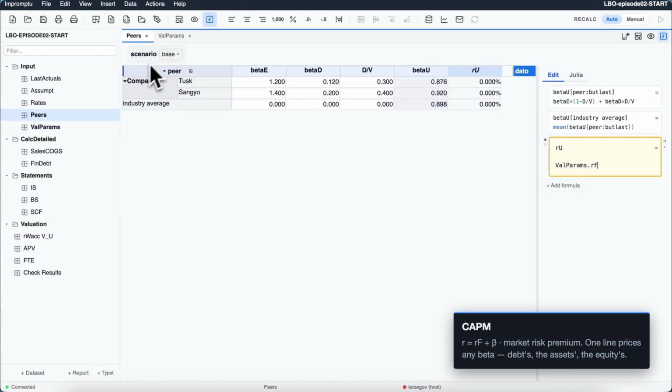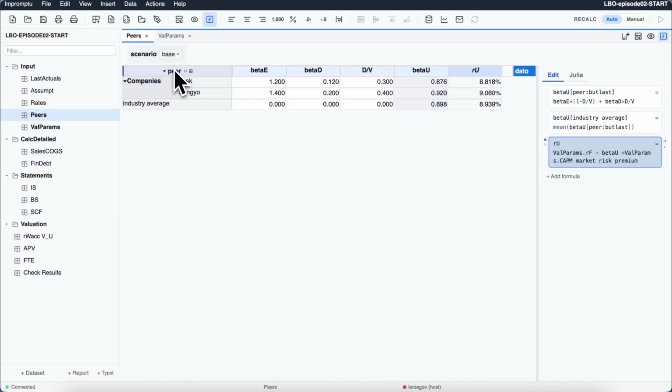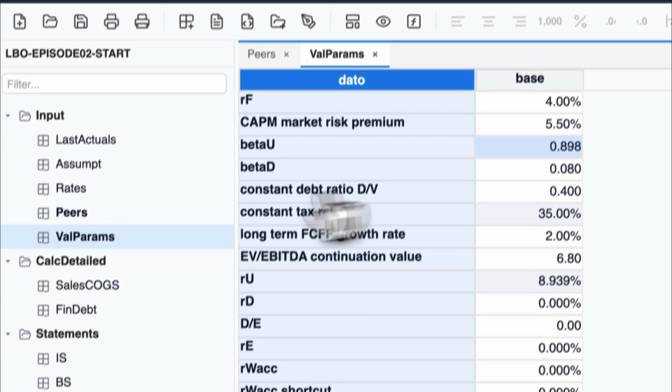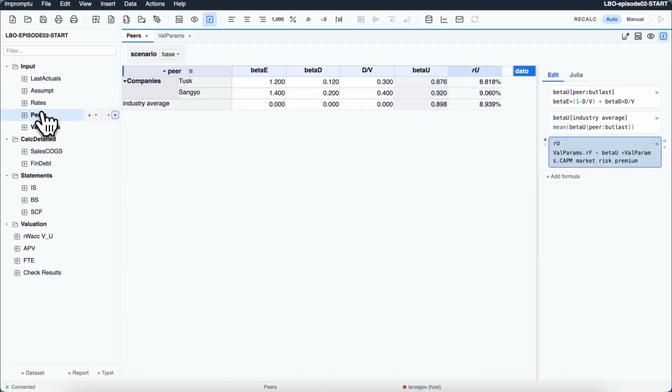Risk-free rate plus the asset beta times the market risk premium. So we get the unlevered cost of capital for the companies and for the industry average. In the valuation, the beta U is taken from the industry average we have just computed.